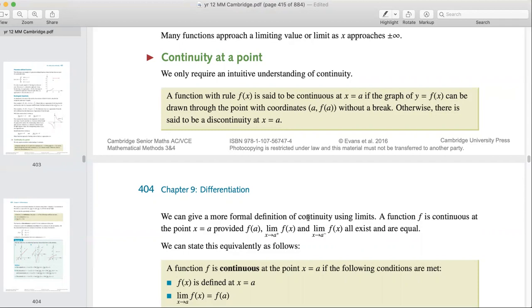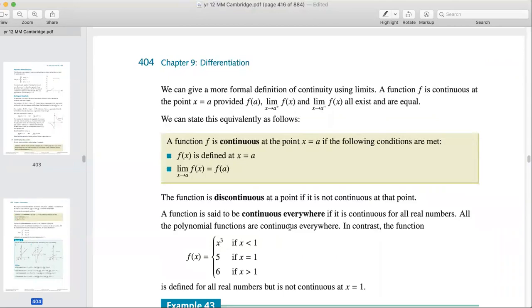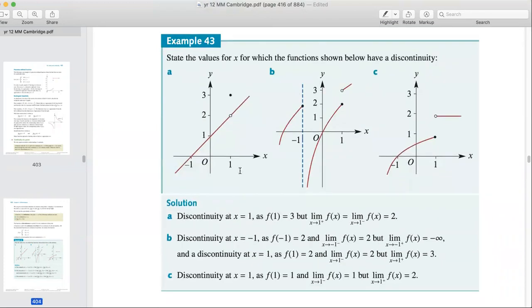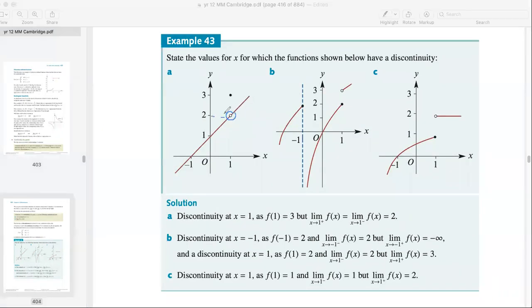Okay, so I know I'm just saying that it's too wordy, but let's give you an example to see how to determine the continuity. So let's look at over here. First, we look at some special points. Like this one, this is my special point because it's defined over here, and there is an empty circle over here.